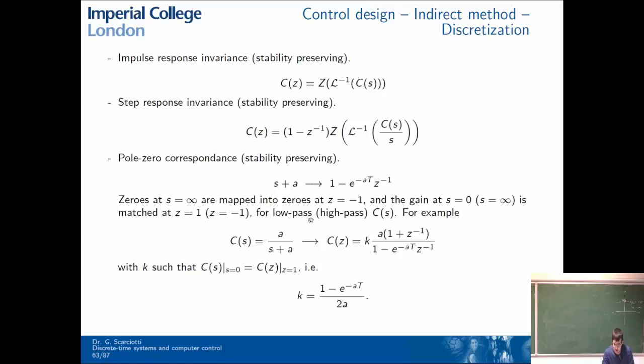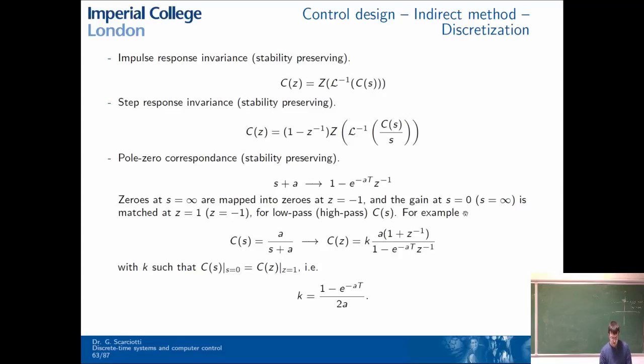If the controller is a low-pass filter, so it has a certain gain at low frequencies and then at high frequencies the gain is 0, then obviously the gain that we want to preserve is the one for s equal to 0. If instead our controller is of high-pass type, it means that for low frequency the value will be 0 and for high frequency there will be a certain gain, then the gain that we want to preserve is the one for high frequency, so the one for s equal to infinity.